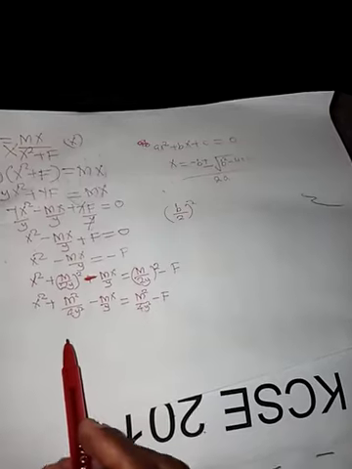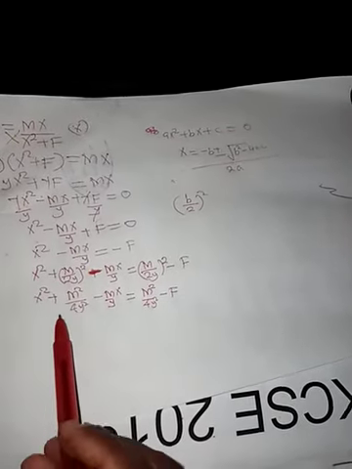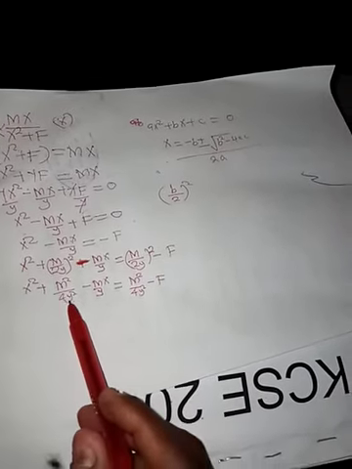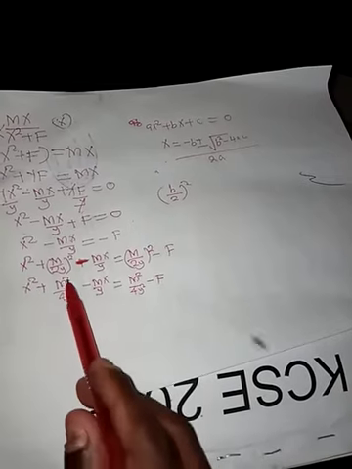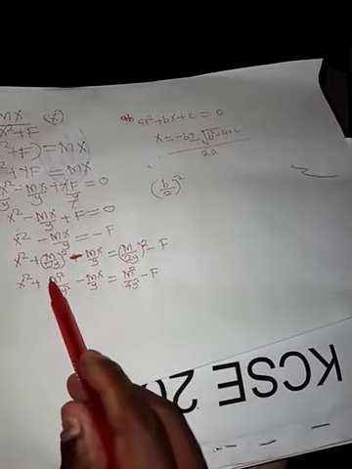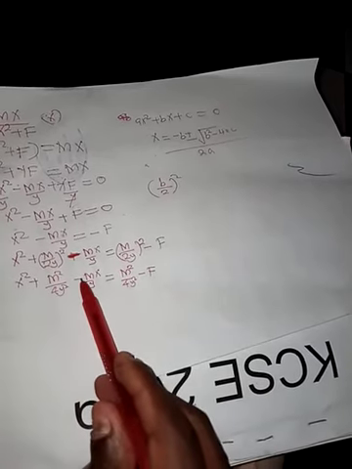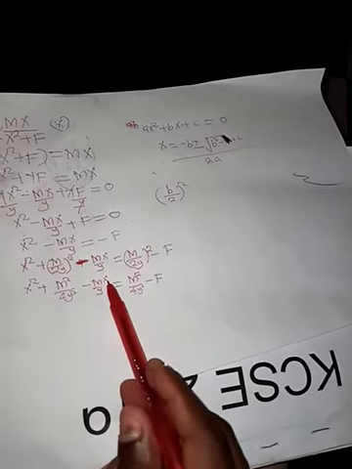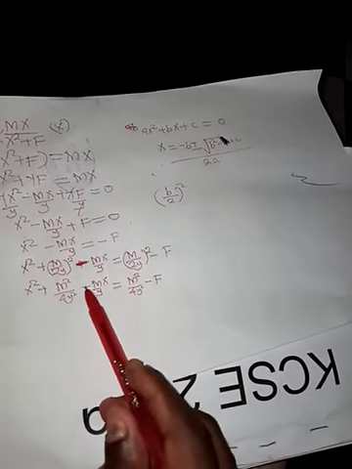From here we now factorize this one. We look for the square root of this and the square root of this one, and we take the sign before the coefficient of x, which is now negative.